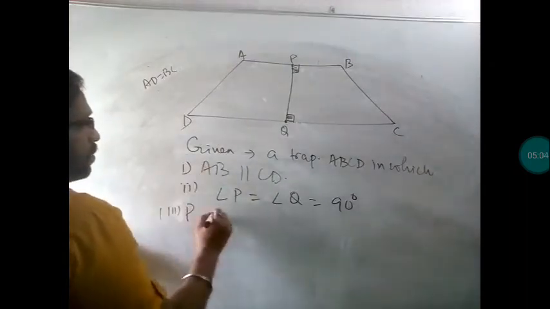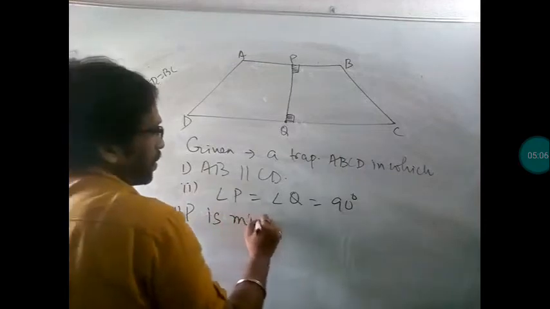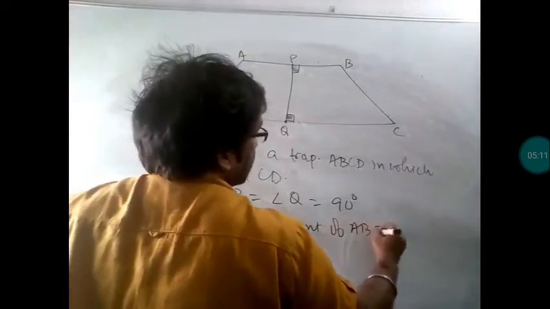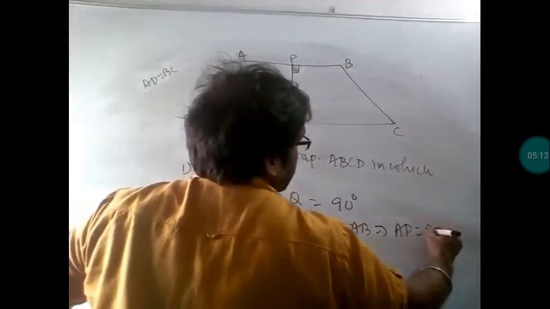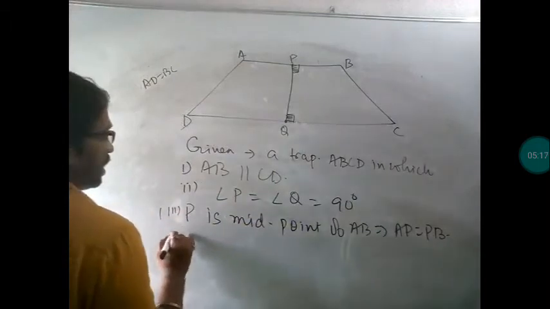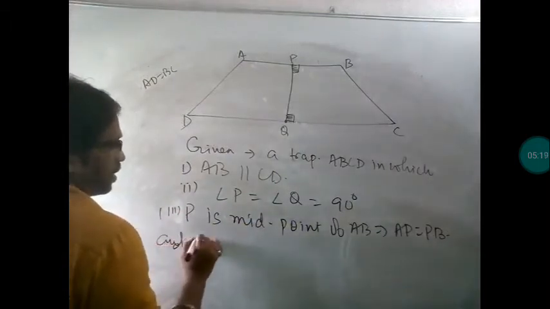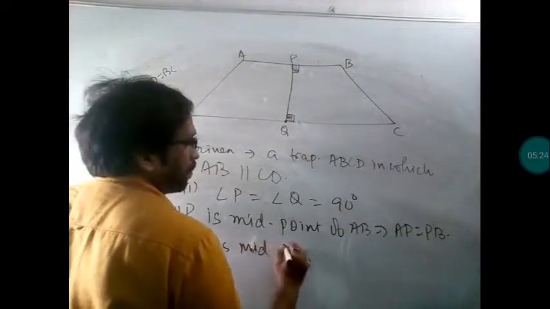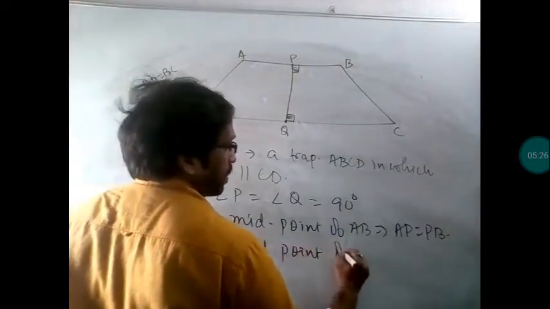P is the midpoint of AB. That means AP is equal to PB. And likewise, Q is the midpoint of CD. That means DQ is equal to QC.